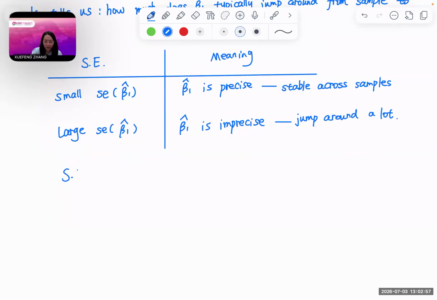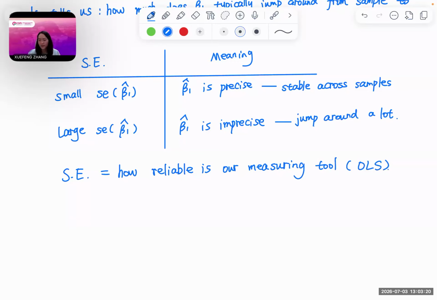Standard error equals how reliable is our measuring tool, which is OLS.